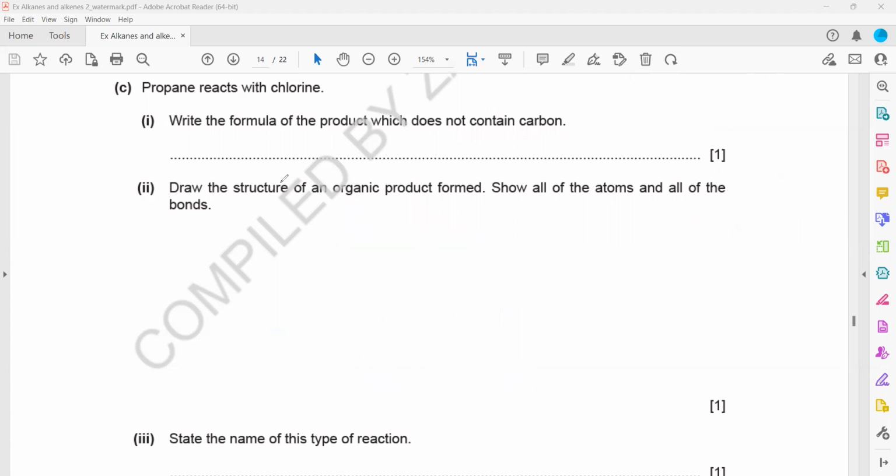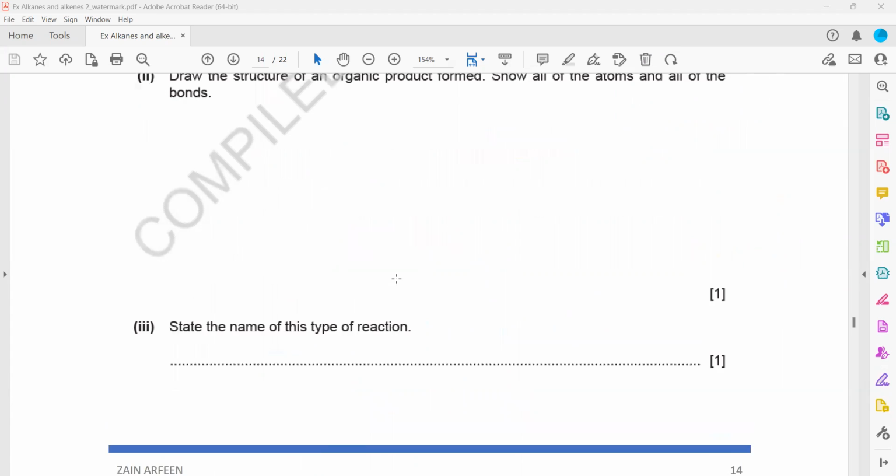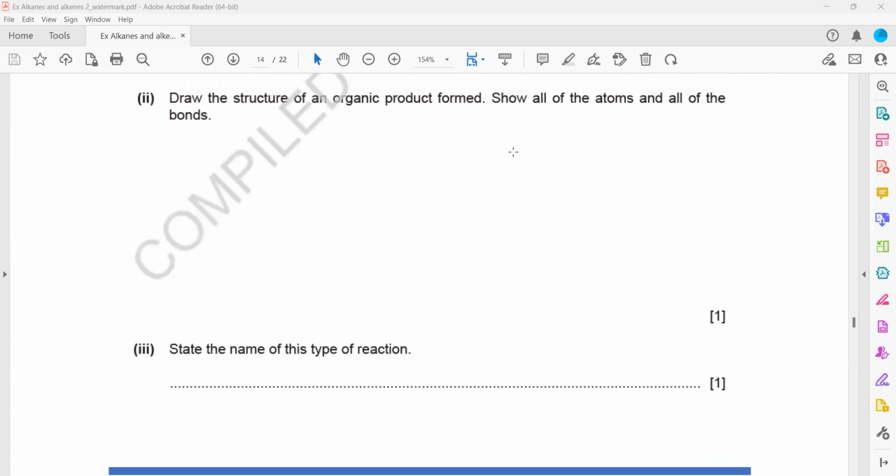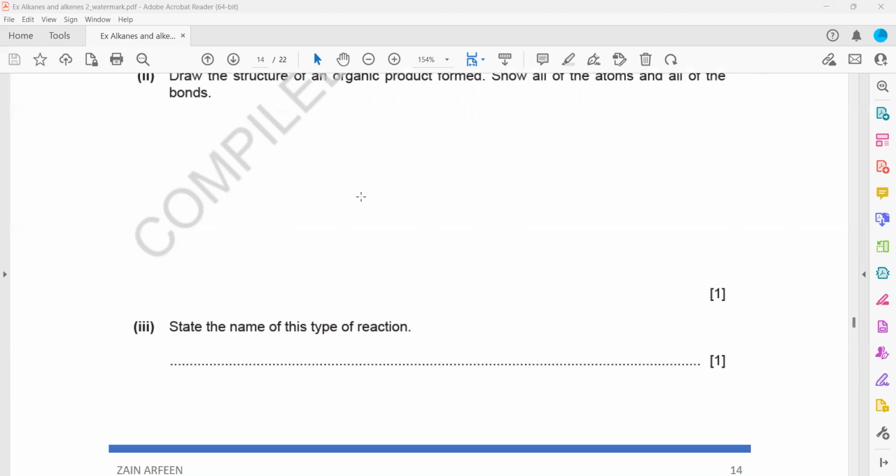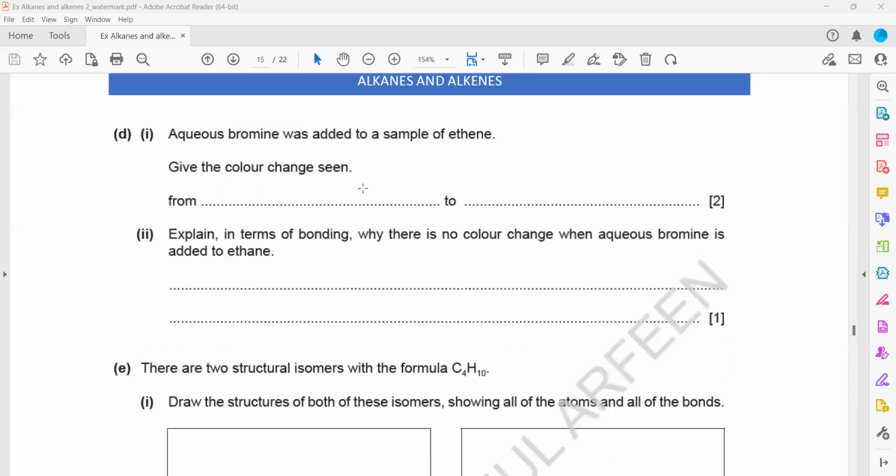Either one you have to draw. Name the type of this reaction. We call that substitution. Alkanes with chlorine undergo substitution.